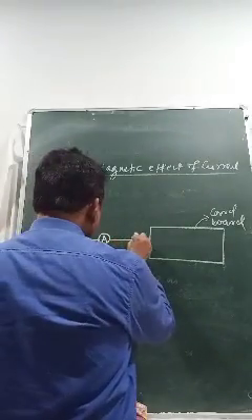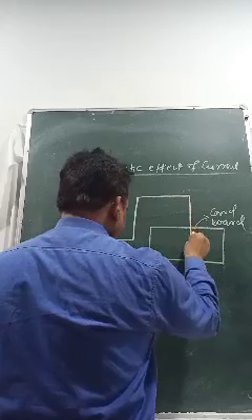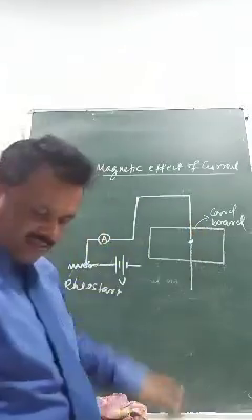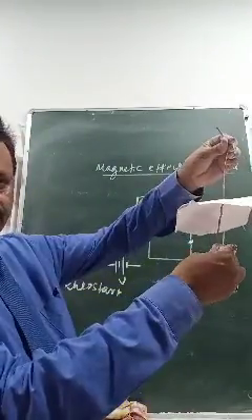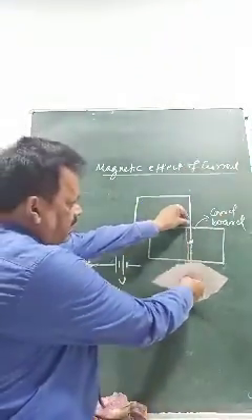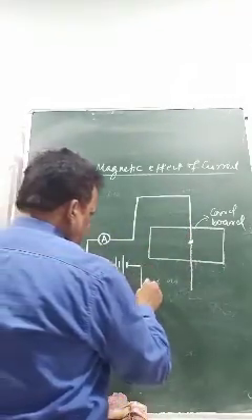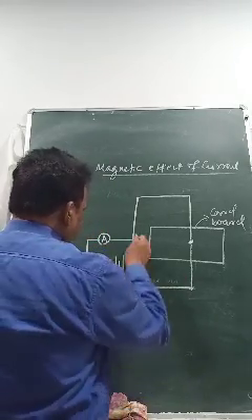Then that is connected to this piece of wire. The wire has passed like this. Then again it is connected to the negative end. If you want, you can put a key here.